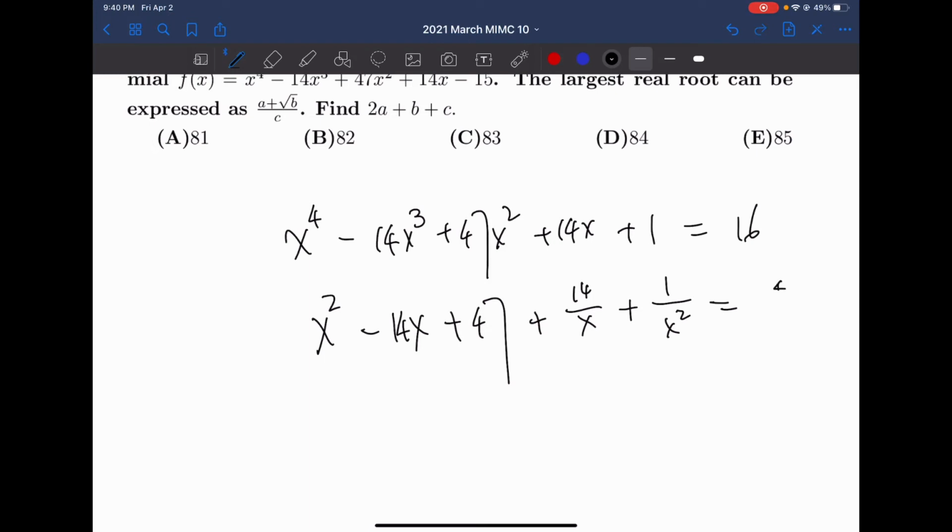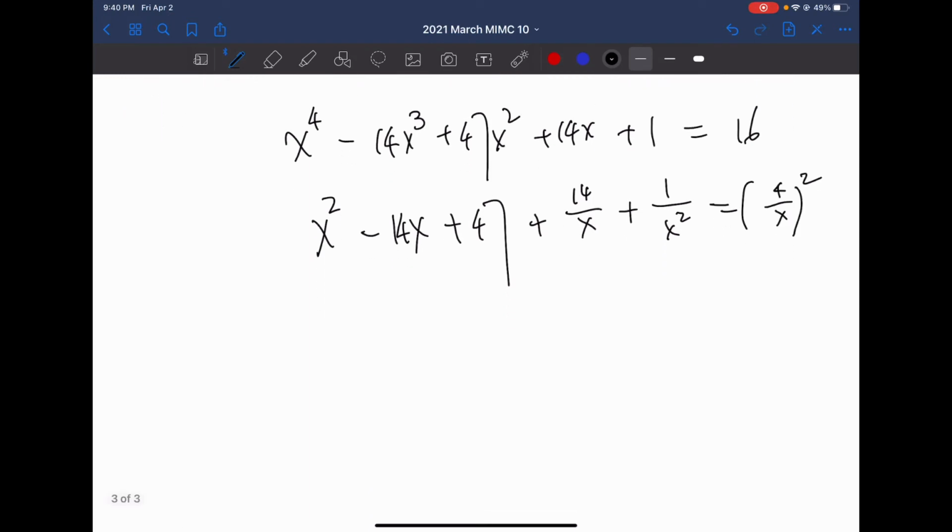We can rewrite 16 over x squared to be 4 over x squared. And that can be done using the exchange method that I went over several videos ago.